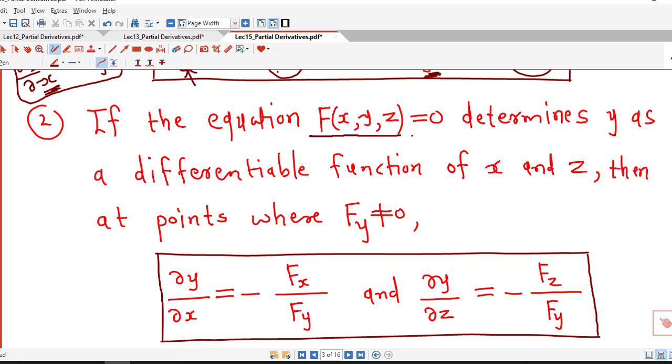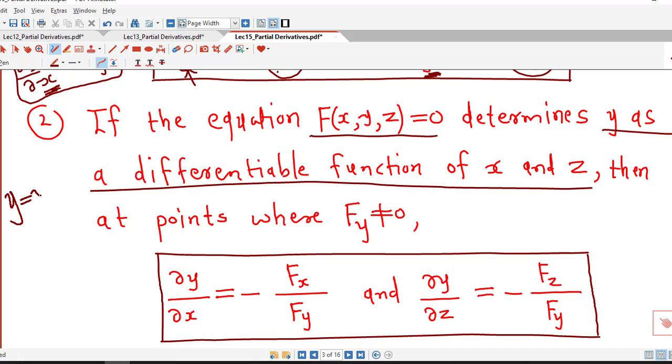If the equation F of xyz equal to 0 determines y as a differentiable function of x and z, that is, suppose y is an implicit function of x and z, then at points where del f by del y is non-zero, we can find out partial derivatives of y with respect to x and z using these two formulas.